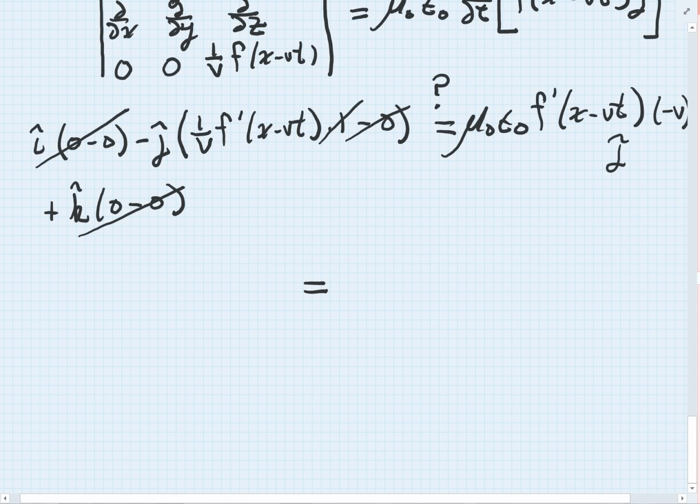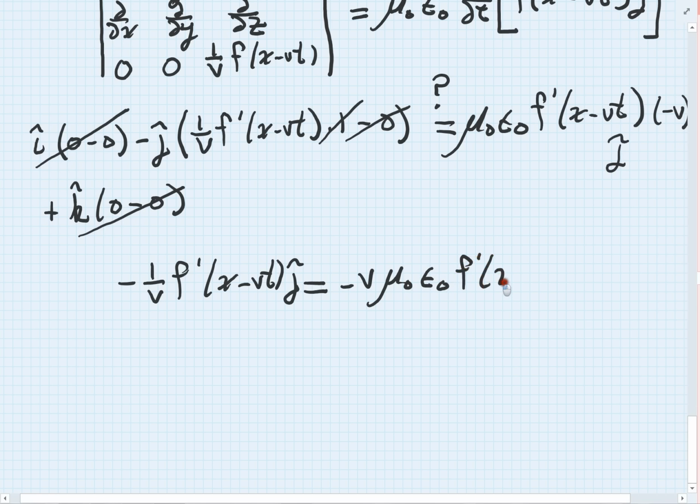So on the left, I have minus 1 over v f prime of x minus vt times j hat. On the right, I have minus v times mu naught epsilon naught times f prime of x minus vt times j hat.